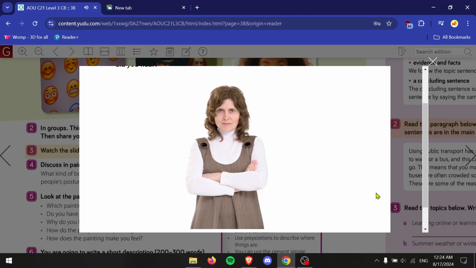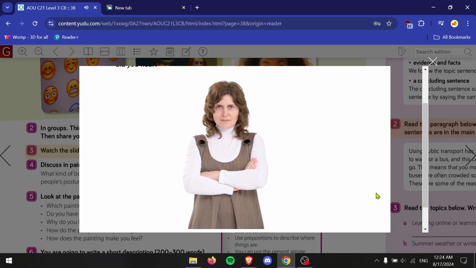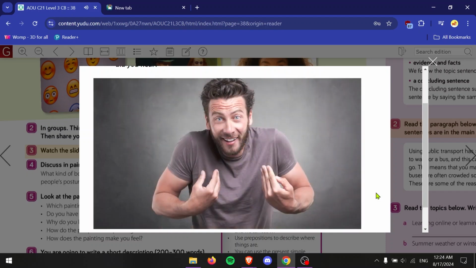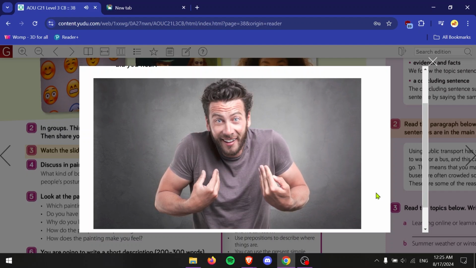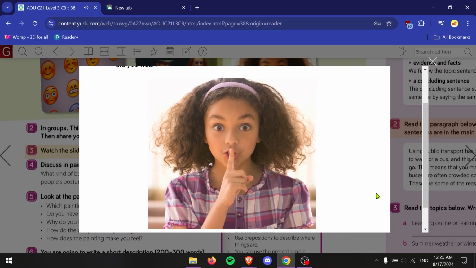For example, when we are annoyed with someone, we might cross our arms and lean forward. Gestures are movements of our bodies, usually our hands, to make a point, emphasize an idea, or make something clearer. What does this gesture mean?